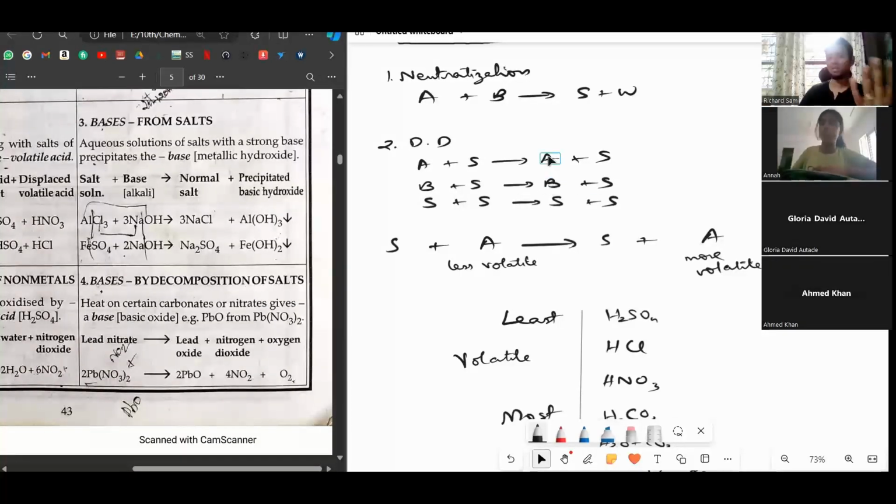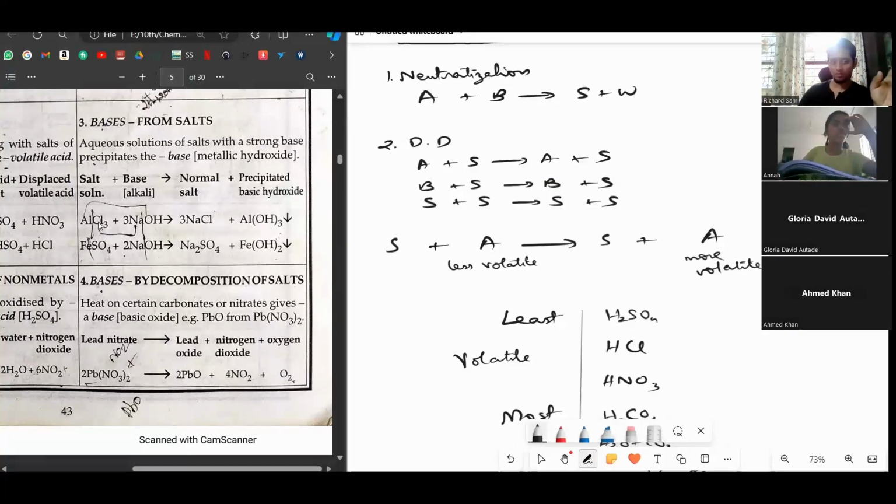The first condition is the same as before, that is the base that you're producing should be more volatile than the base that you're using. Okay, so that is one type of these reactions. But there's another type of reaction also, that is the base that you're forming should be a precipitate. What's the meaning of precipitate? It's just insoluble. It will settle down at the bottom.